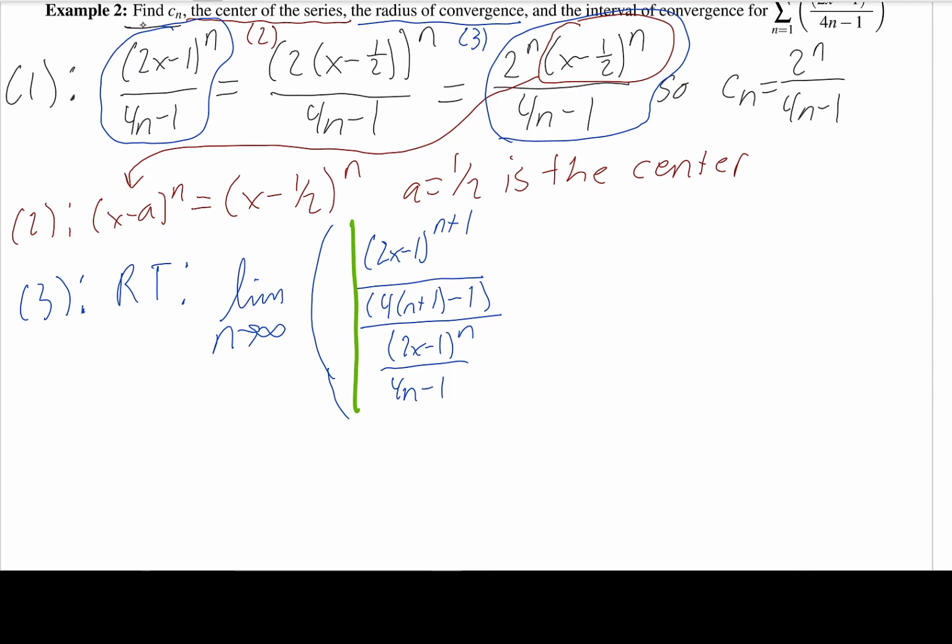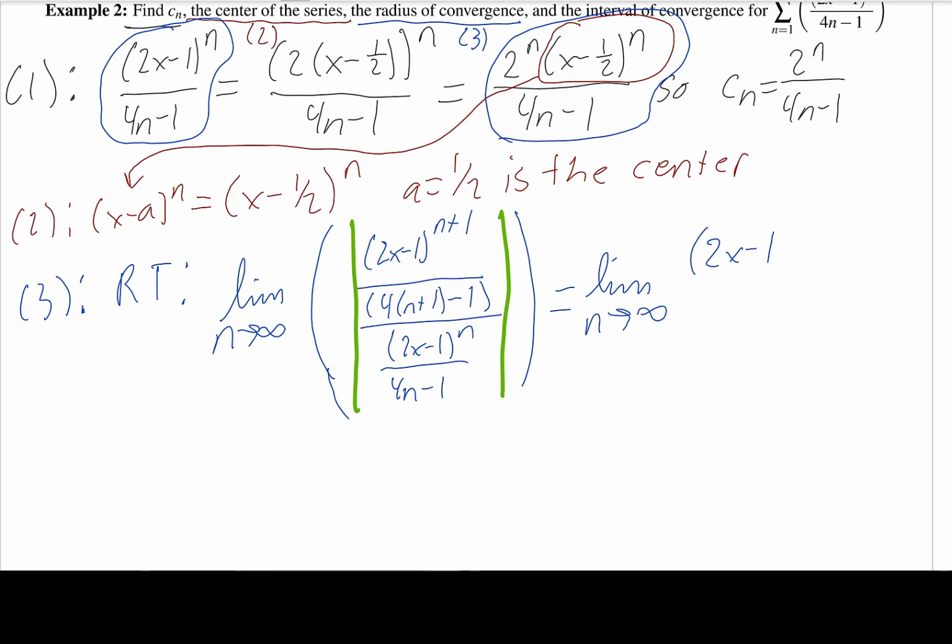Alright, and then we'll use our absolute value signs. So this will simplify down to, well, our 2x minus 1s will have a cancellation. We'll be left with 2x minus 1 on top, because n plus 1 minus n will leave us with just 1.